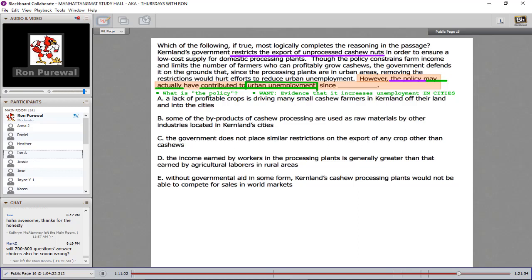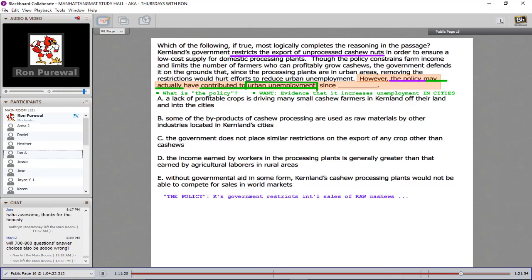Kernland's government restricts international sales of raw cashews so that those cashews go to the processing plant in Kernland cities instead.